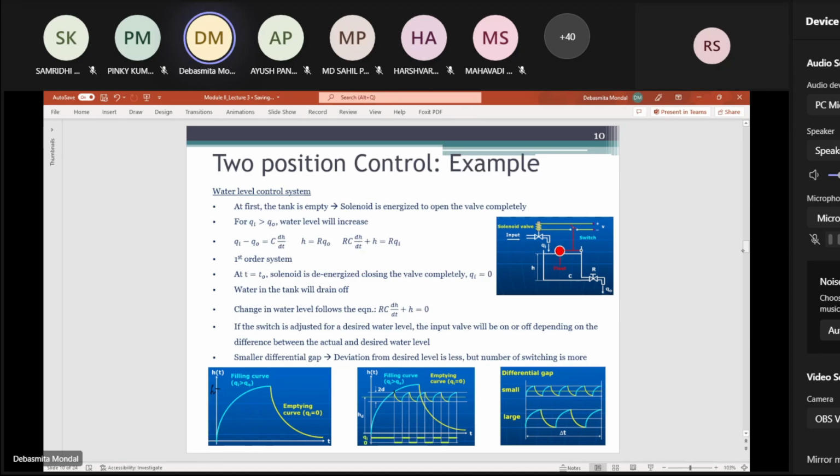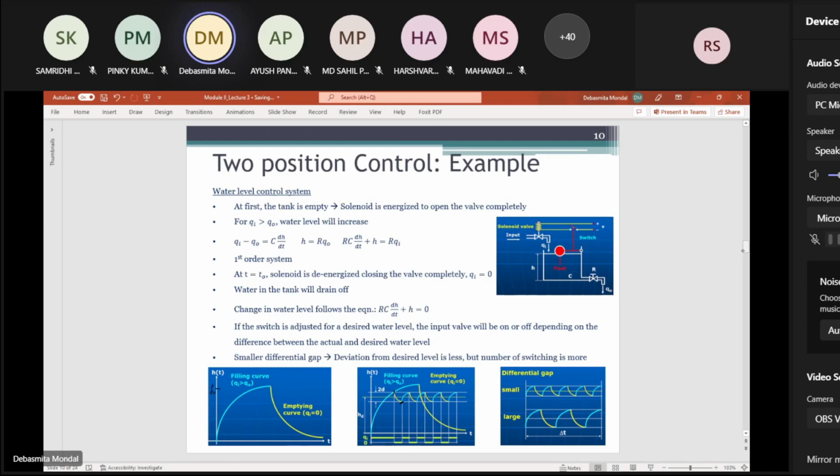And the moment the level becomes lesser than HD minus D, the input valve will again open and the water level will again rise. So there will be continuous switching, and for some amount of time the water level will come down, and then again go up, come down, go up.